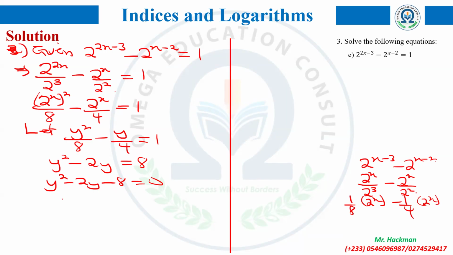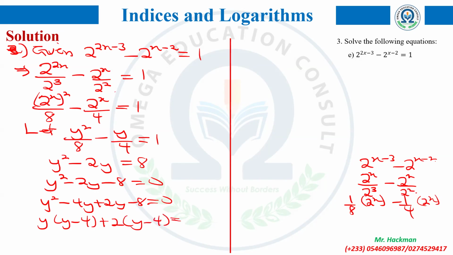So we have -4y plus 2y, -8 is equal to 0. You group the first 2 and factorize y into y minus 4, the last 2 and factorize 2 into y minus 4, is equal to 0.